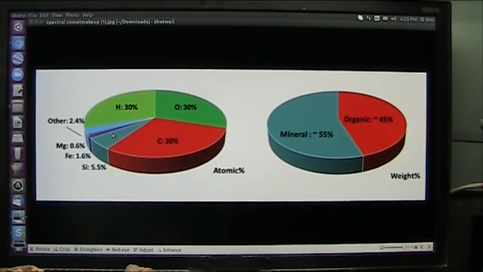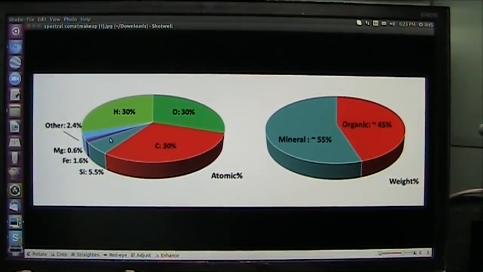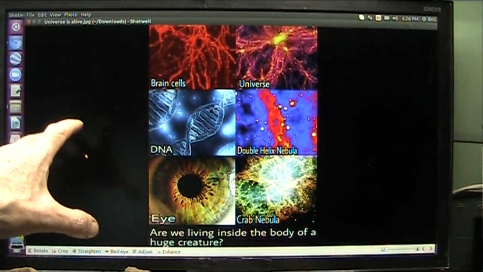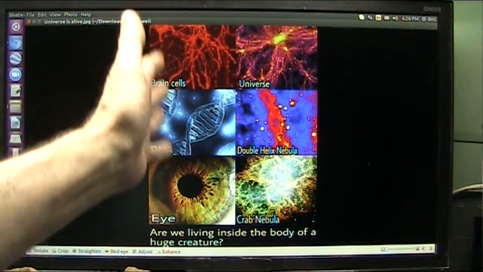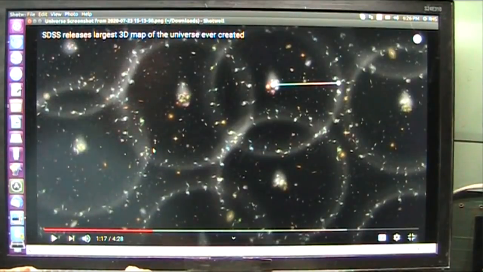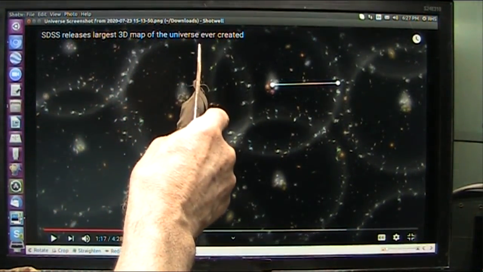Now, where it all started, and is the universe just a growing thing? That's possible, because I'm going to show you what the universe looks like. There's all kinds of similarities they're seeing now between us and what the universe looks like. And this, my friends, is the most recent 3D map of the universe ever created.